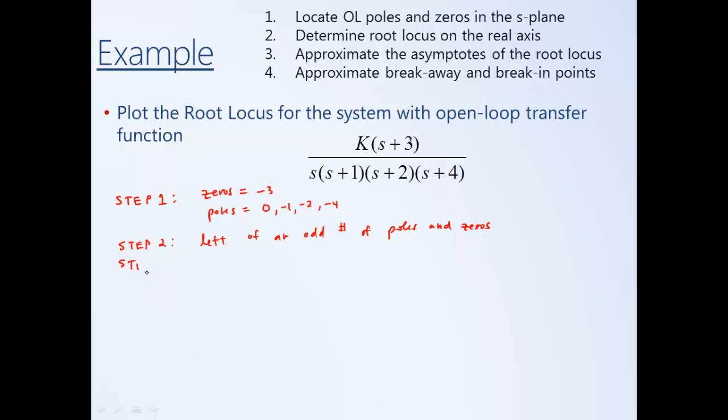Step 3 is to locate asymptotes. So go ahead and look at our transfer function and think to yourself, will we have any asymptotes? How many asymptotes will we have? Since we have 4 poles and 1 zero, we will have 4 minus 1: 4 poles minus 1 zero equals 3 zeros at infinity.